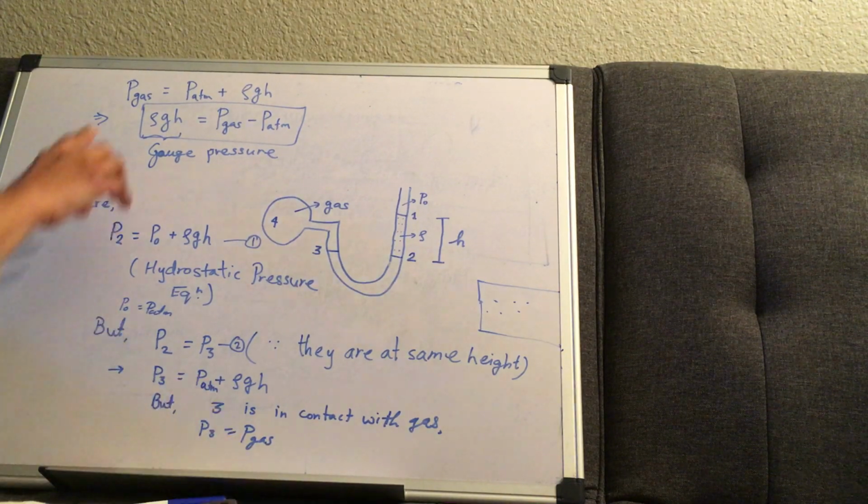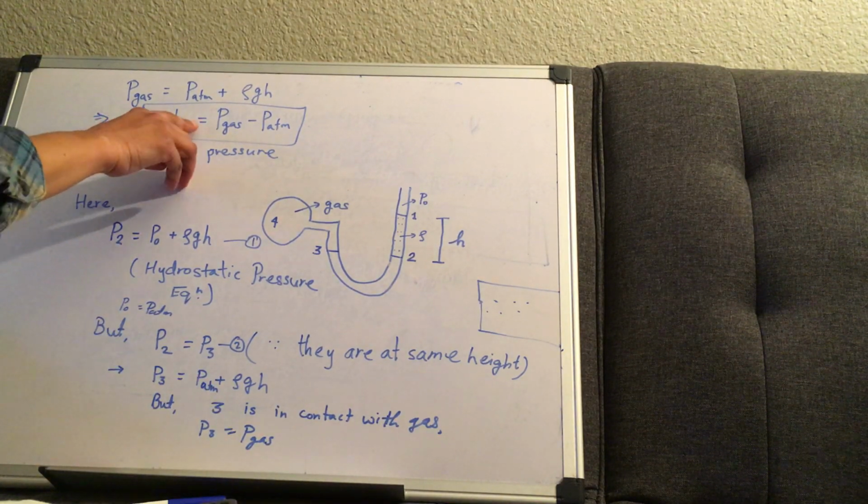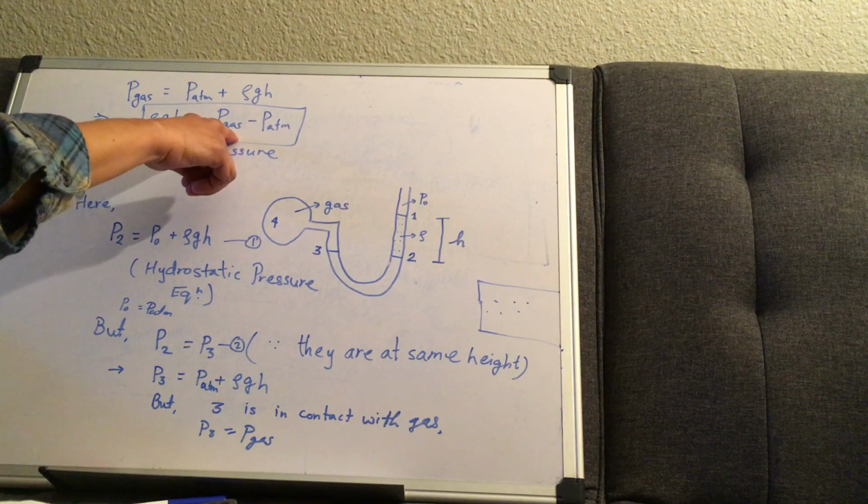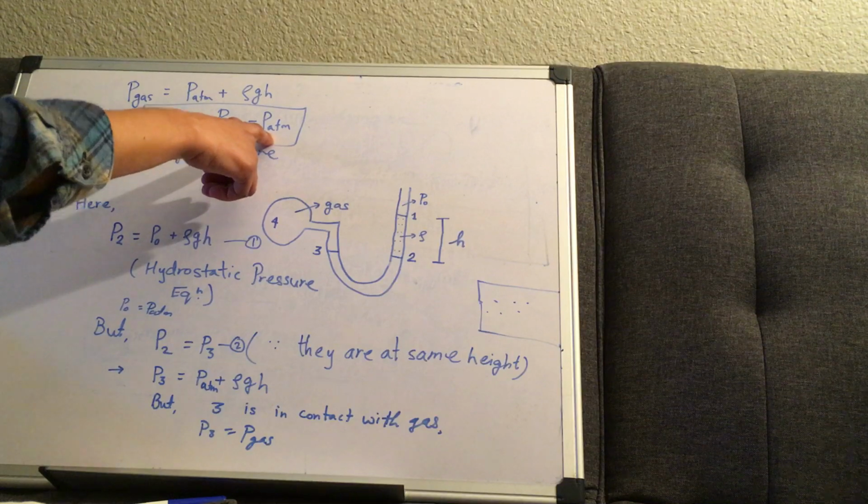So again, gauge pressure is what? Rho gh, and is given as the difference between the gas pressure and atmospheric pressure.